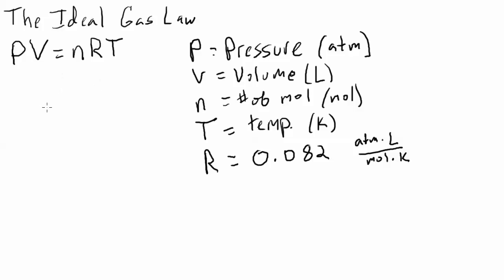But just know that you have to be able to solve it so you can get one of these variables by themselves. So like if I wanted to solve for pressure, it's going to be pressure equals moles, the constant, temperature divided by volume. So you should be able to resolve the equation for any of the variables like that. And if you can't, you might want to go review that from the first semester or maybe ask me for a little bit of help there.